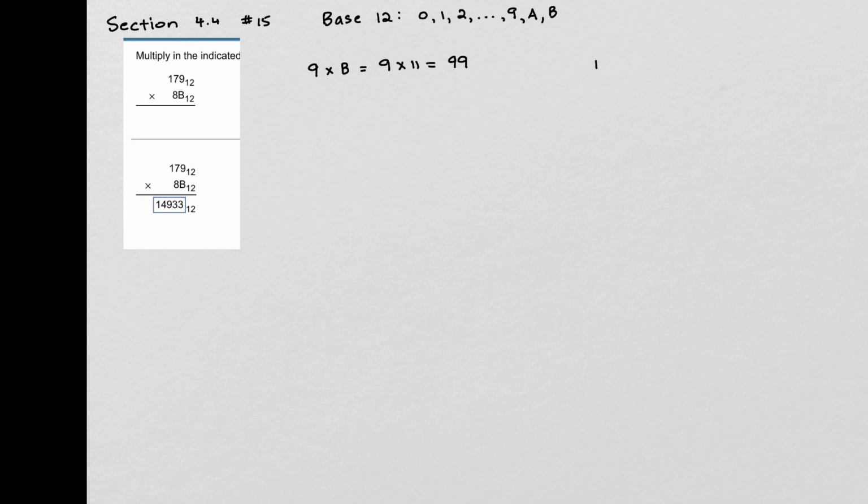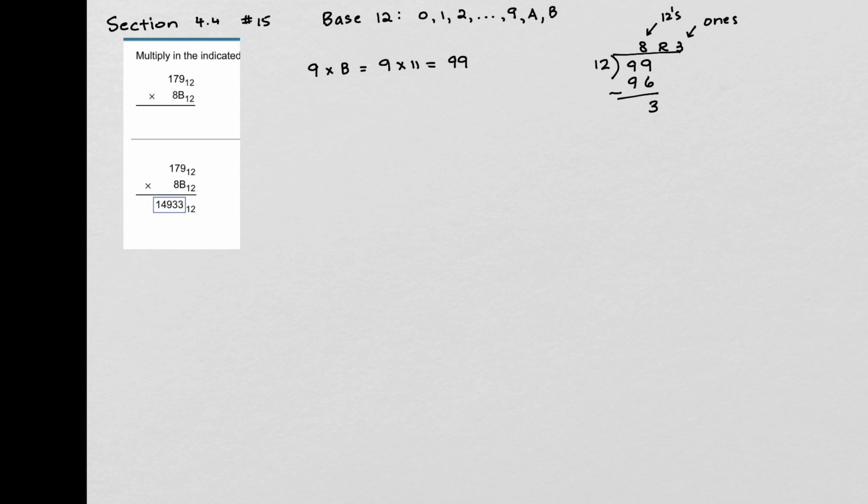So now I'm going to convert this to base 12. Off to the side, I say 12 goes into 99 8 times. And we get a remainder of 3. So this is what goes into the 1's place, whatever the remainder is, and this is the 12's place.